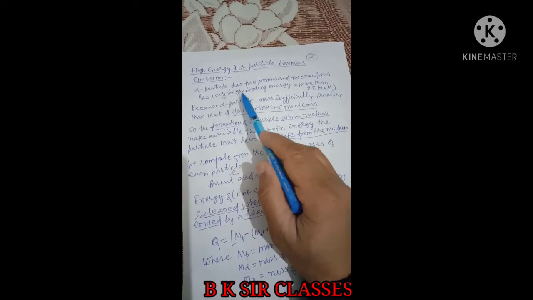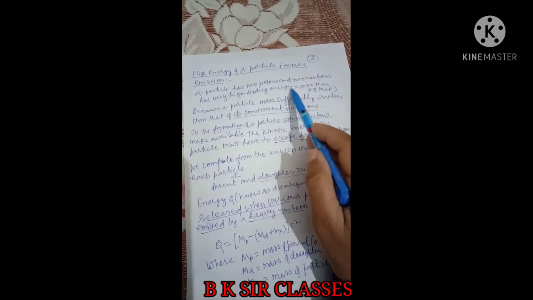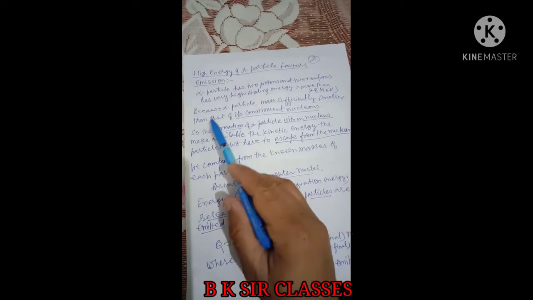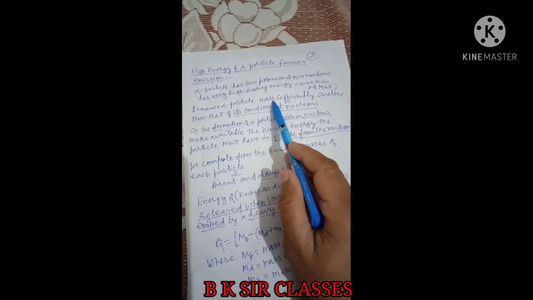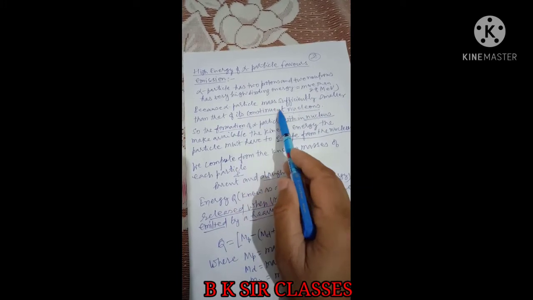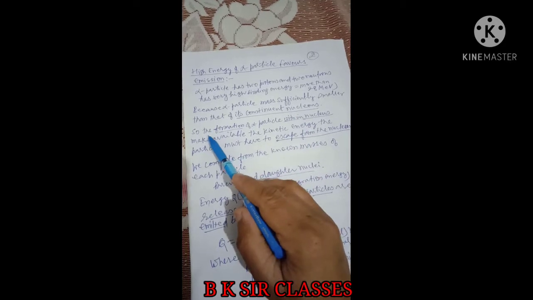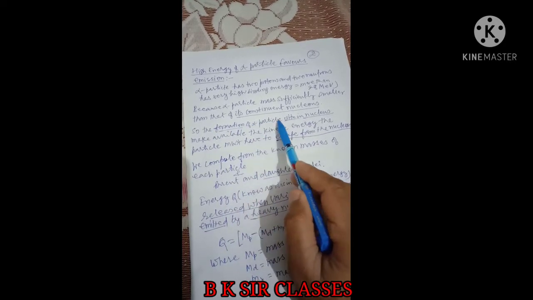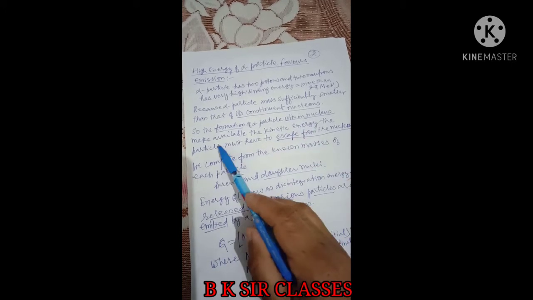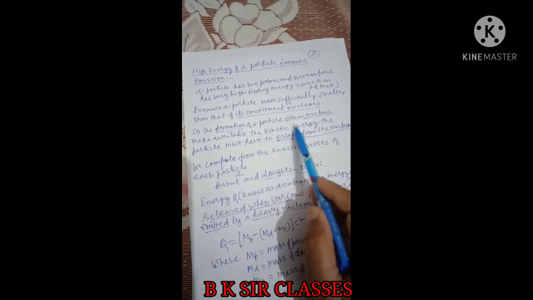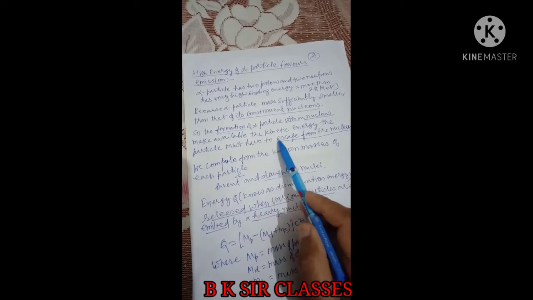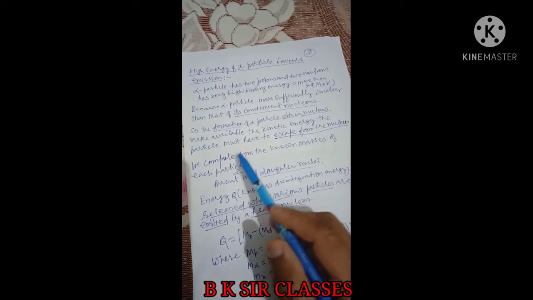It has a high binding energy, more than 28 MeV, because the alpha particle mass is sufficiently smaller than that of its constituent nucleons. So the formation of an alpha particle within the nucleus makes available the kinetic energy for the particle to escape from the nucleus.